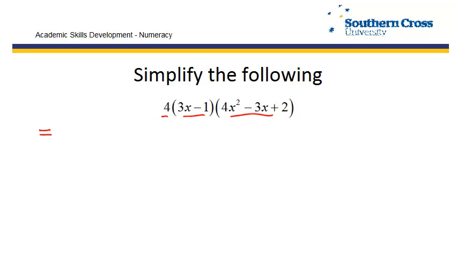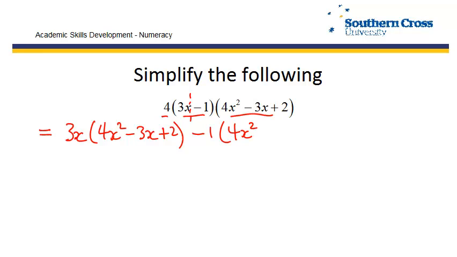So I'm just going to forget about the 4, and I'm going to split this up like I did with the previous question, and we will do 3x lots of 4x squared minus 3x plus 2. Take away one lot of 4x squared take away 3x plus 2.